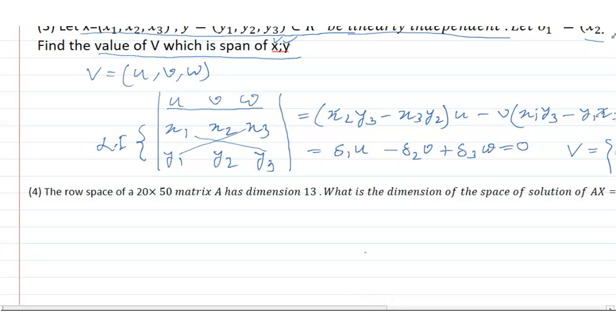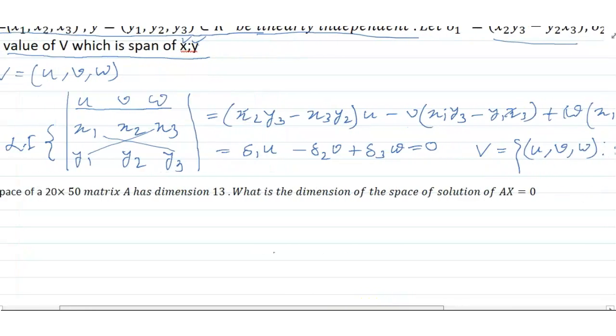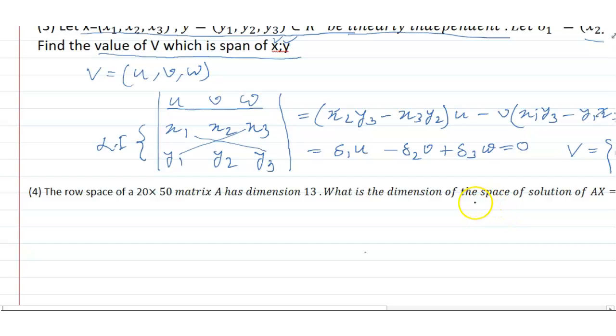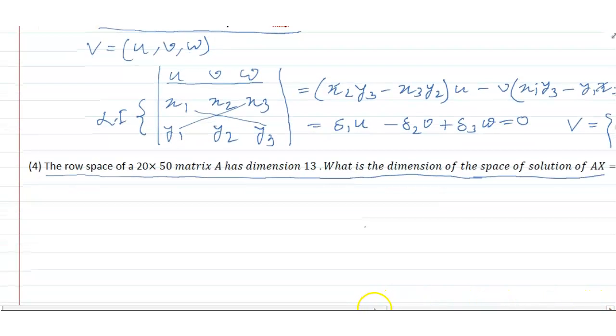Now we will solve another problem, that is the space of solutions of Ax equals 0. You see that the row space of a 20 by 50 matrix A has dimension 13, and what is the dimension of the solution space of Ax equals 0? So how can I solve this type of problem?